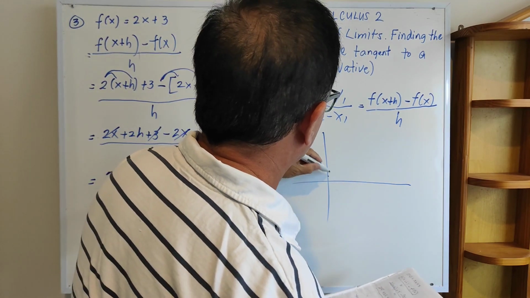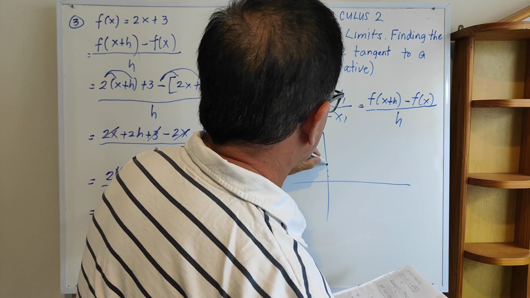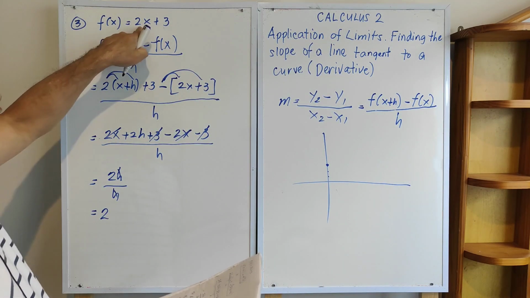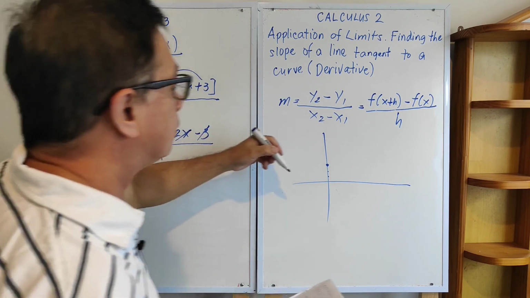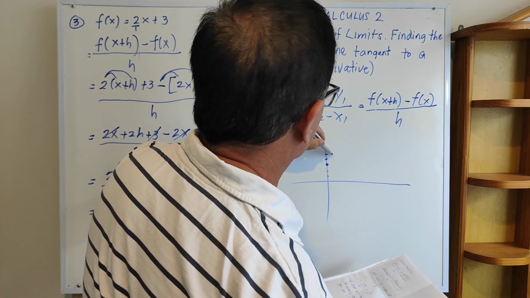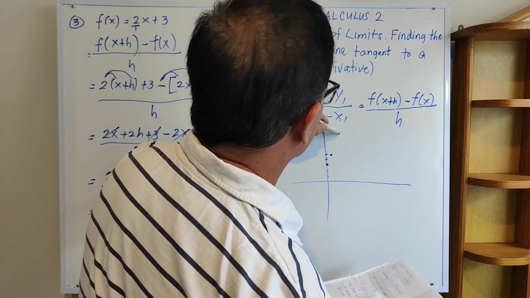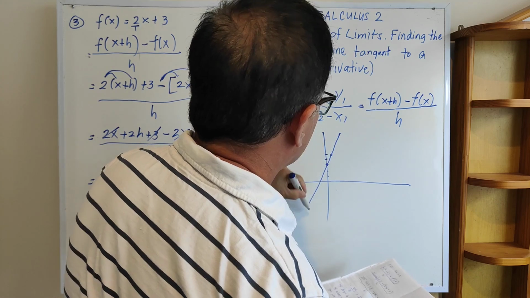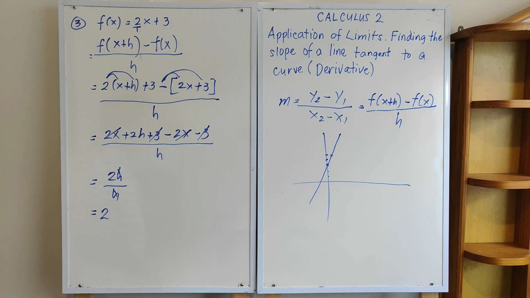So 1, 2, 3. So this is your first point. Your slope is 2 over 1. So there will be a rise of 2 and then a run of 1. So this is, it's a line. Now your slope is 2, there's no x.